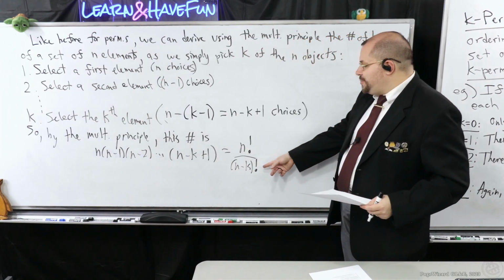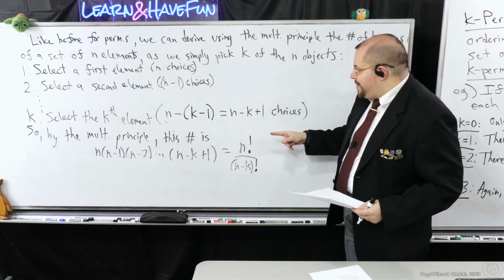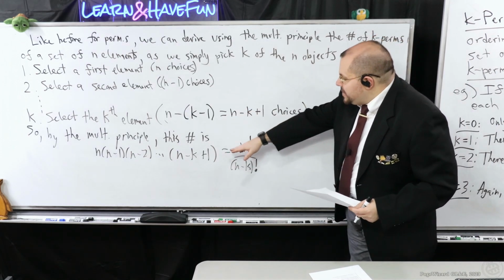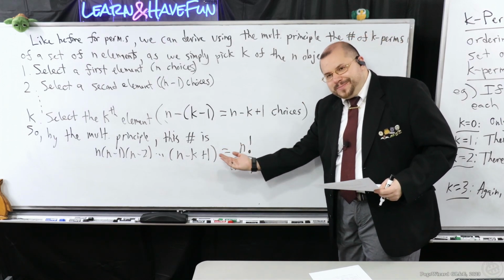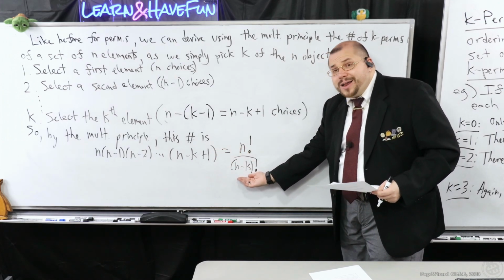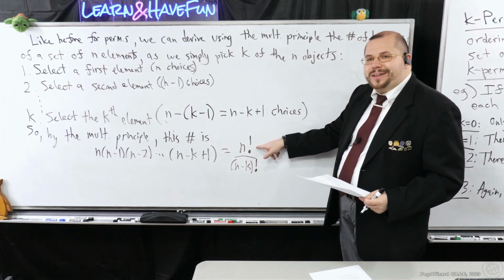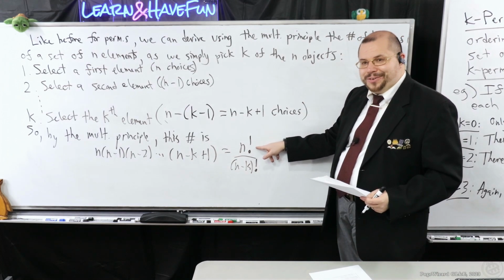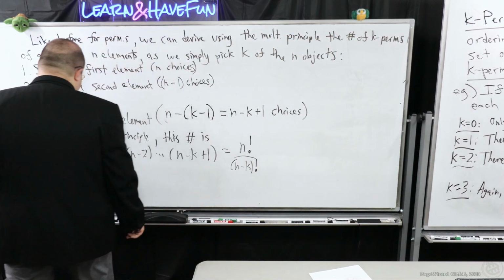Now you might ask, where did this come from? Well, when you write this out, you have all of these terms. If I divide by n minus k factorial, I take out all of the useless terms, the ones that we never end up using from n factorial, and we get that. This is just one way of writing this down.